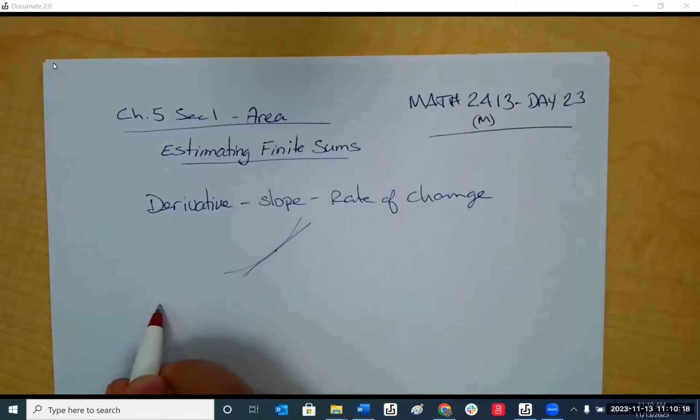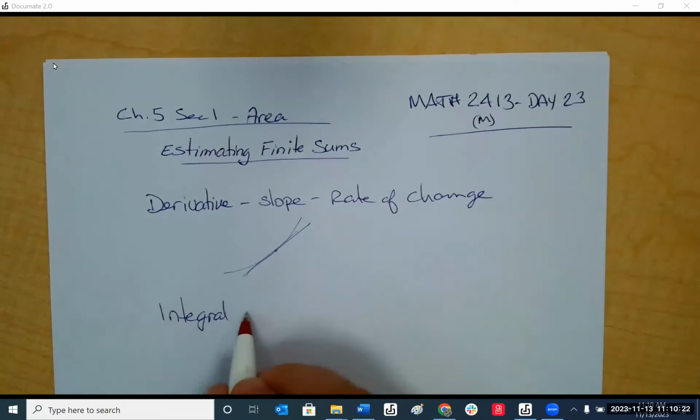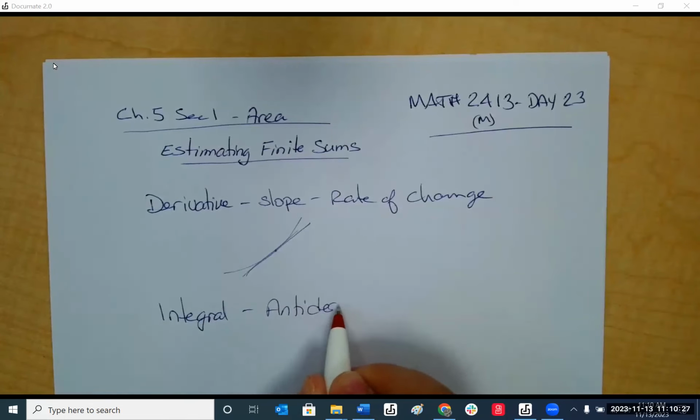We're going to get to the integral eventually. It's also called the antiderivative.